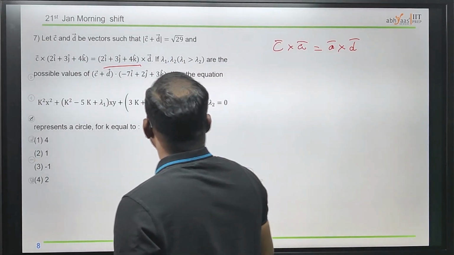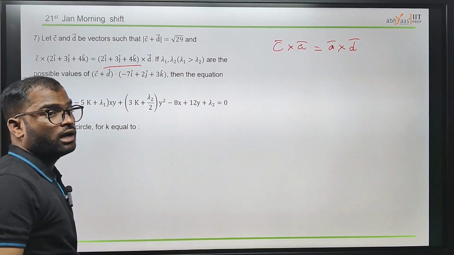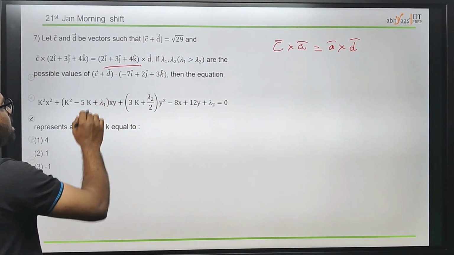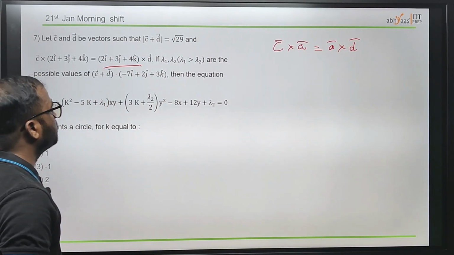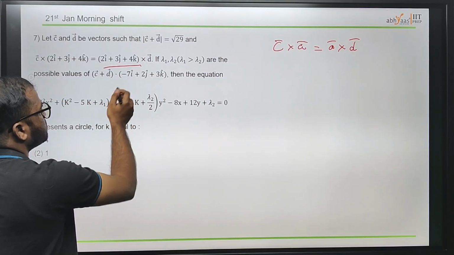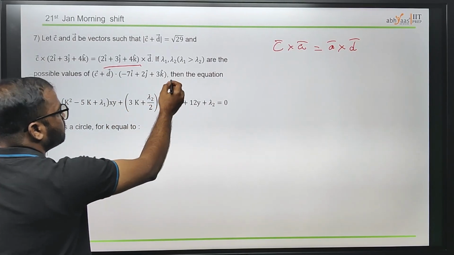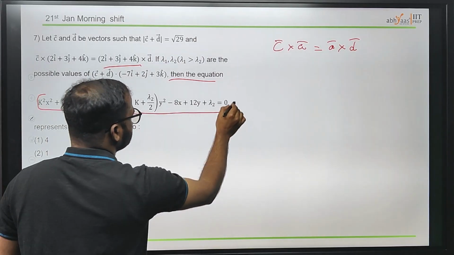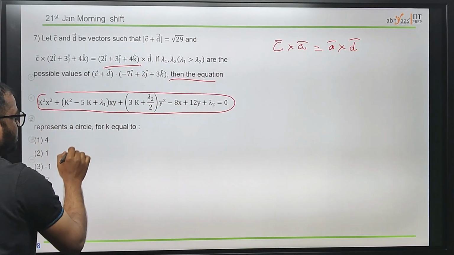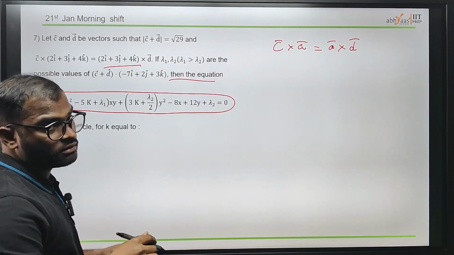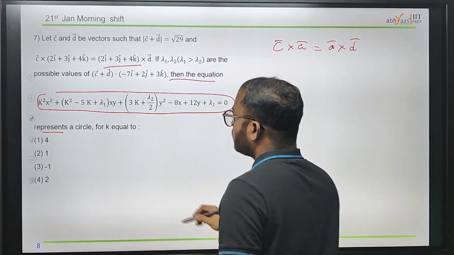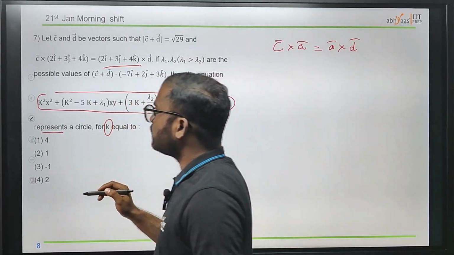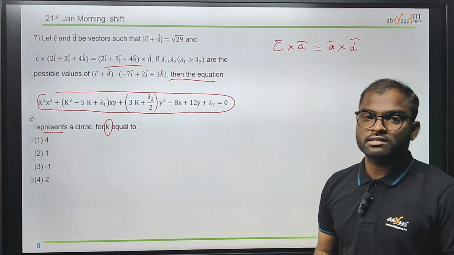Now they have given that lambda1 is greater than lambda2, and the possible values of C bar plus D bar dot product with 7 I bar, then the equation we have represents a circle. They are asking for which k value this equation will represent a circle.